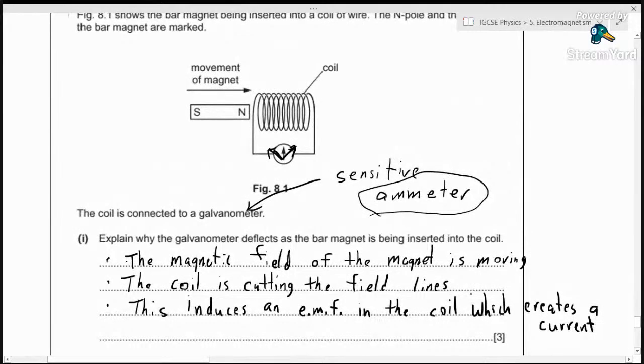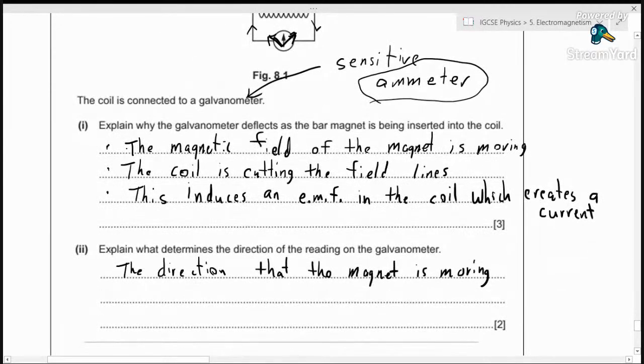And we can say specifically in this case, because we have a north pole coming into it this way, that means the current in this wire is going to be such that it creates a north pole on this side and a south pole on this side. So we could even say that, and that could get us another mark.